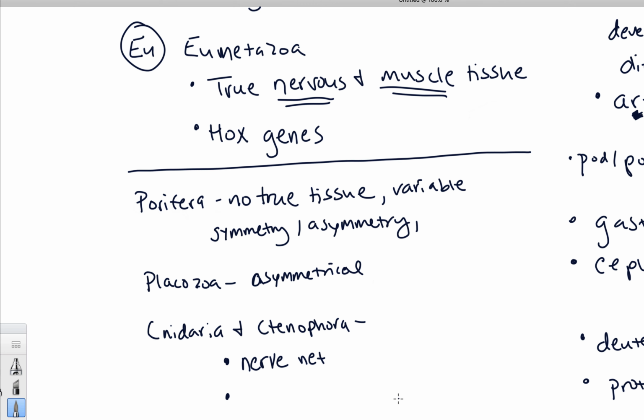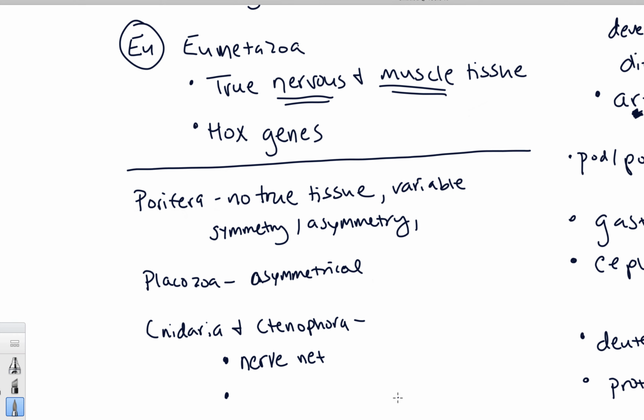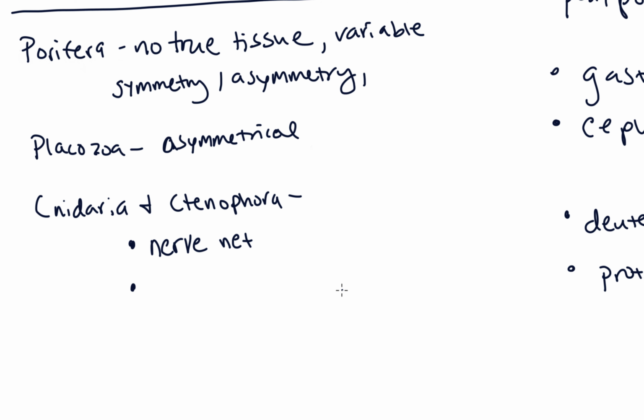There are other species with nerve nets that are probably secondarily derived in other groups. There is some centralization, like sensory structures in box jellies, cubozoans, that allow them to hunt better than other cnidarians, but generally we're looking at a nerve net. And we're looking at simple muscle. It is muscle tissue, but it's simple muscle.